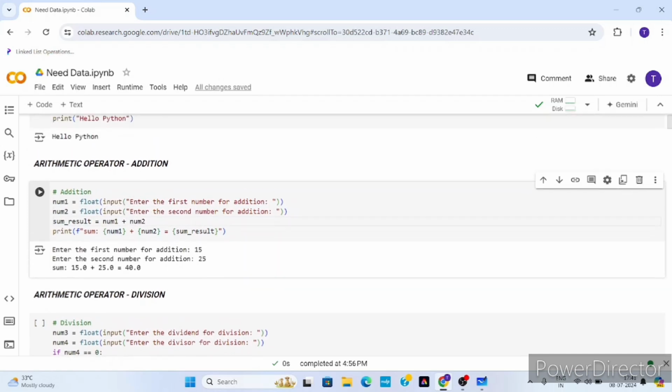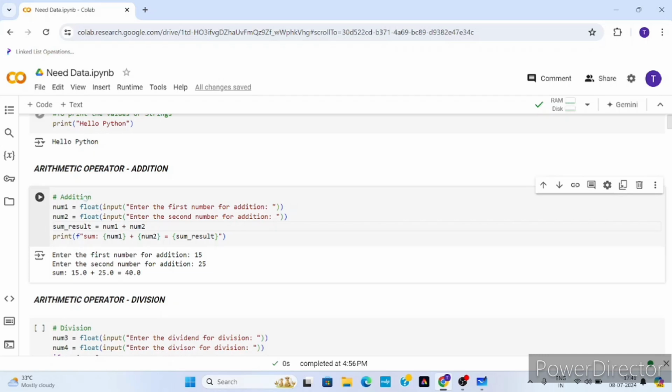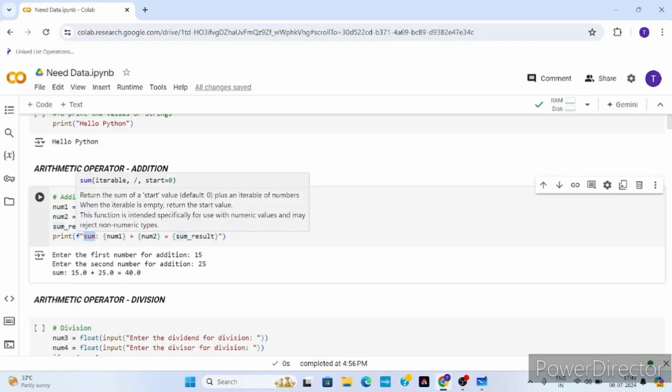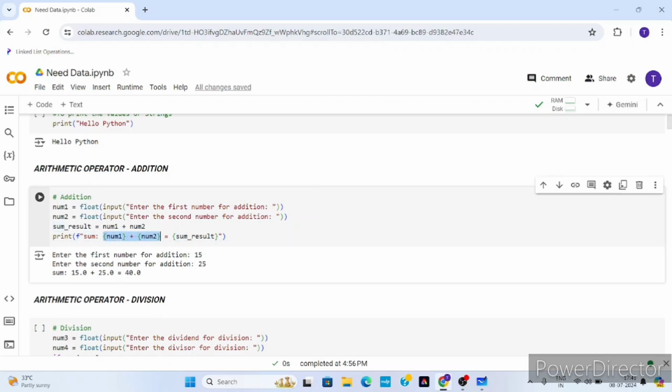As we saw above in the print function, the same way we are going to print here. This f represents a formatted print, where the sentence you are going to print is a combination of your typed output text and the calculated values. You type the word sum, so it is your output, and num1 and num2 are the calculated values.